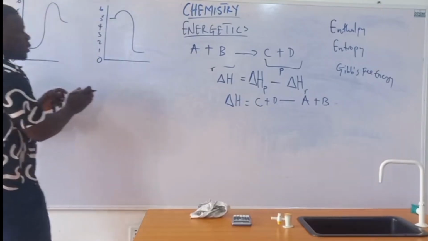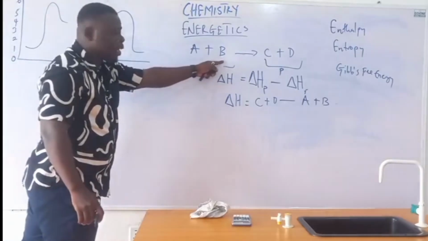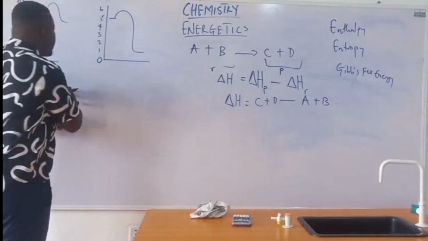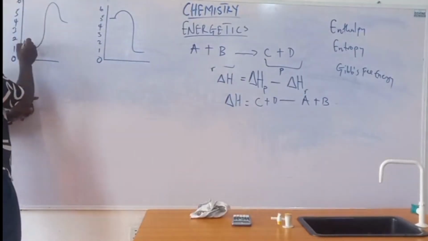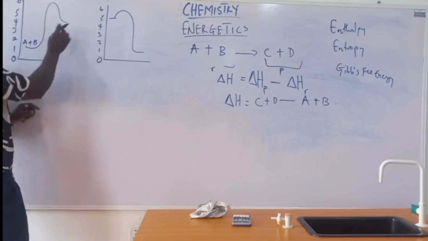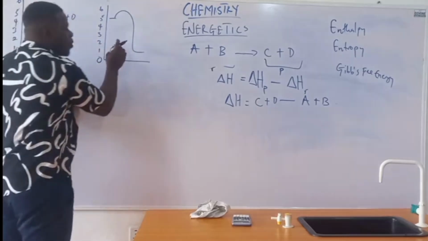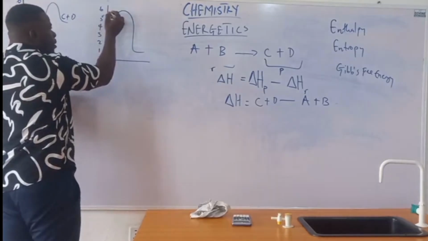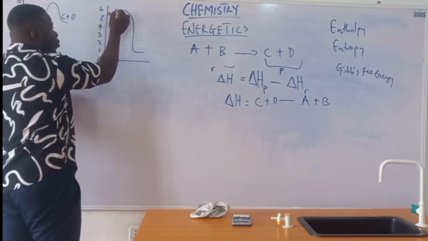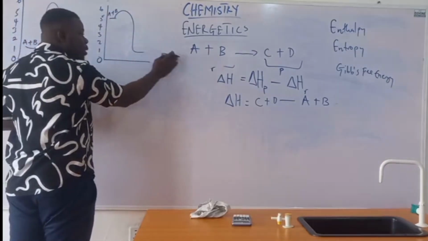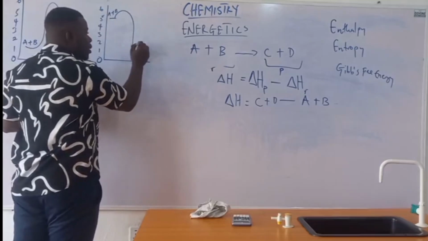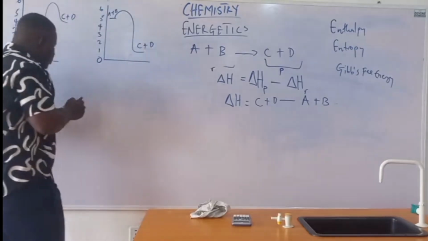We are trying to represent this reaction in a diagram form. So this is A plus B, and this is the right-hand side, so this is C plus D. The left-hand side is A plus B, which is the reactant, and the right-hand side is the product, which is C plus D.